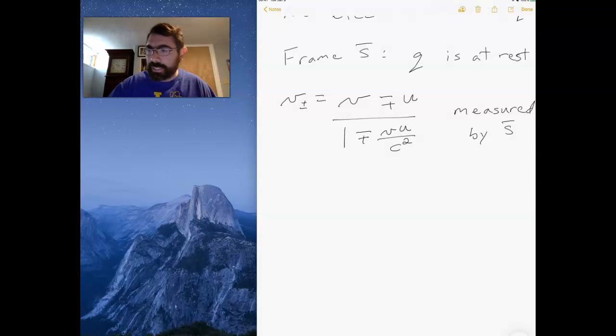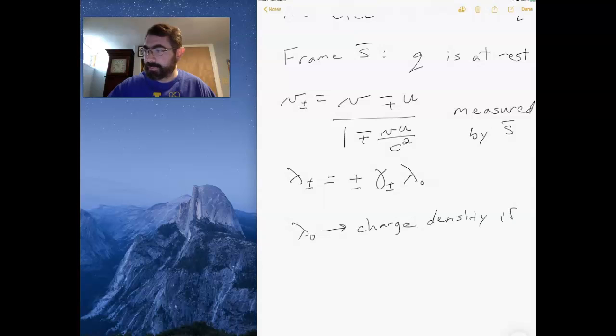Lambda plus minus is the charge densities measured by frame S bar, and that would be plus minus a gamma factor applied by S bar times lambda naught, where lambda naught is the charge density if it was at rest.